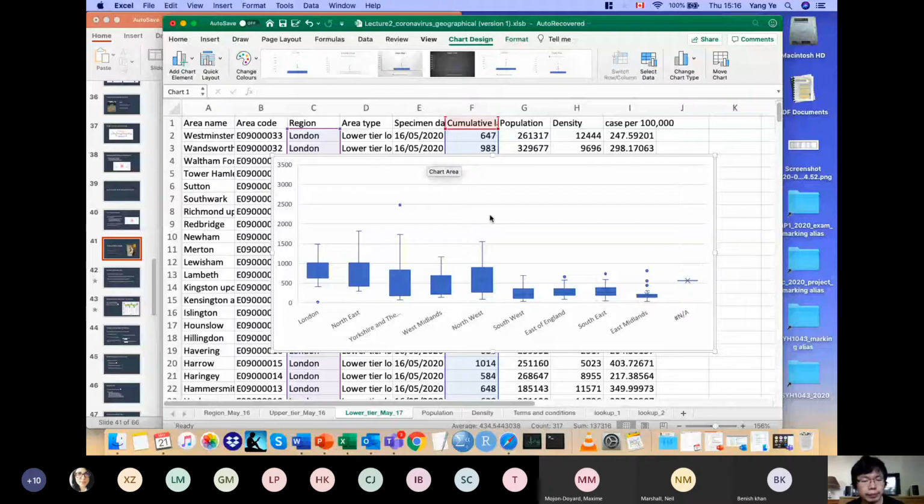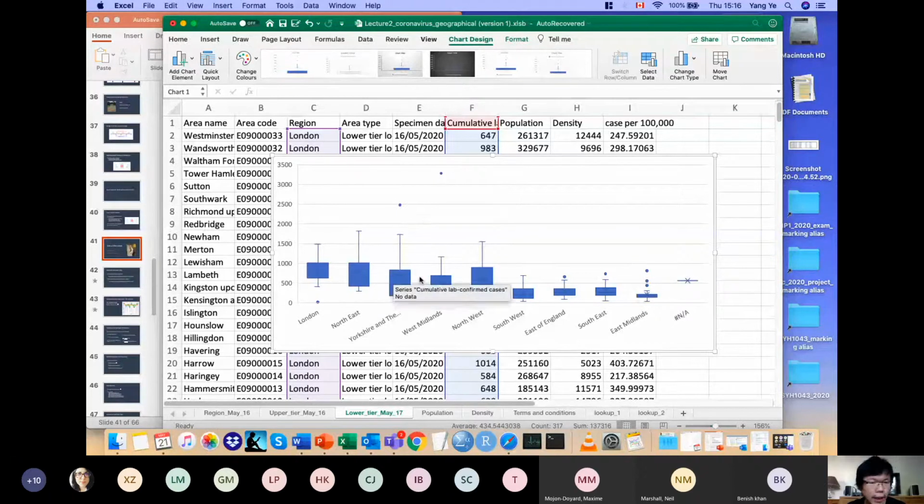We can see, first of all, which region has more than the other regions, and we can also see which regions have more variation than the other regions, again at the lower tier local authority level. London seems to have overall higher numbers of cases in its local authorities, but the variation also seems to be smaller.